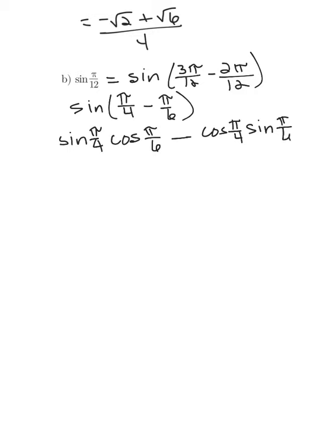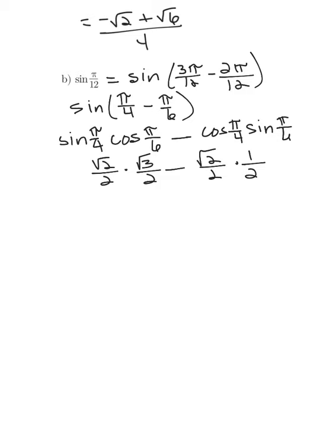Now we're going to replace the trig functions with what they equal from the unit circle. The sine of pi over 4 is the square root of 2 over 2. The cosine of pi over 6 is the square root of 3 over 2. Minus cosine of pi over 4, square root of 2 over 2. The sine of pi over 6 is 1/2.